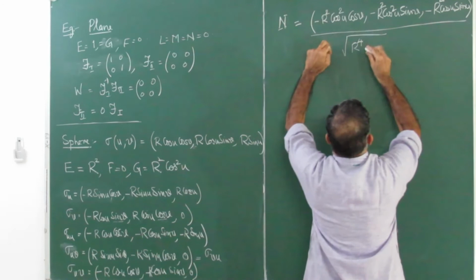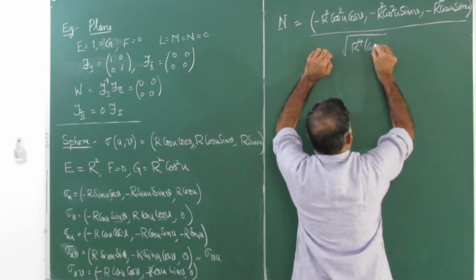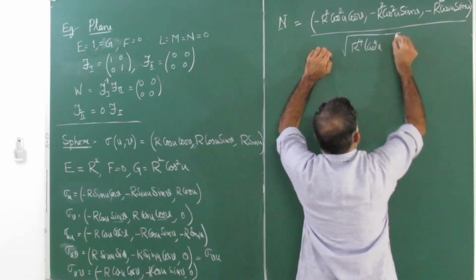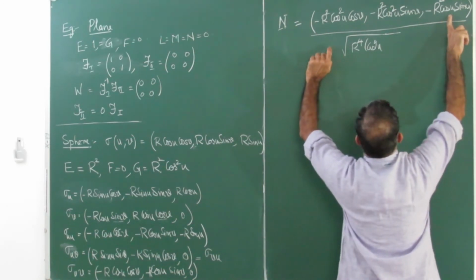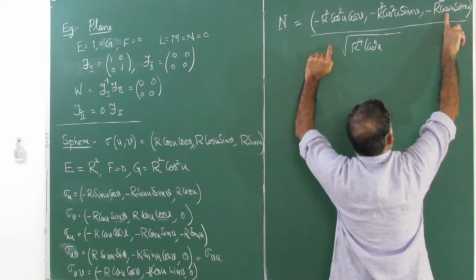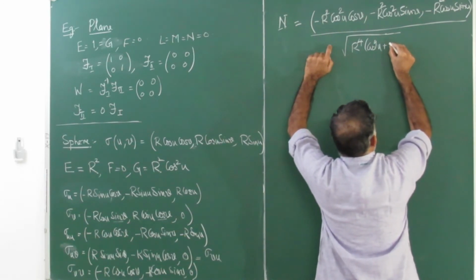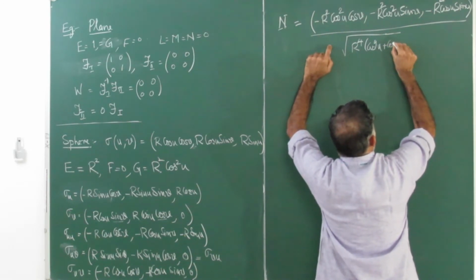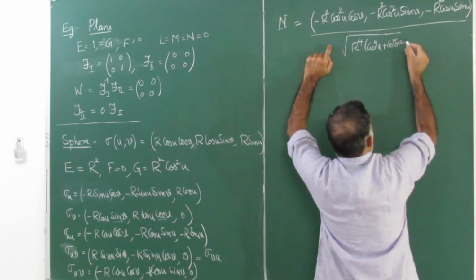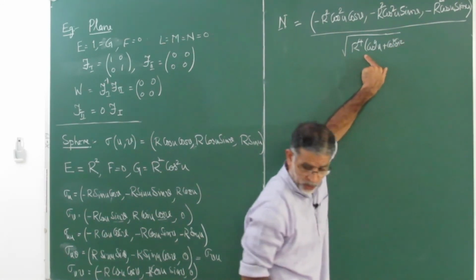So that's 1. So you have a cos raised to 4 u. Then what will you get here? Here you get plus cos square u sin square u.